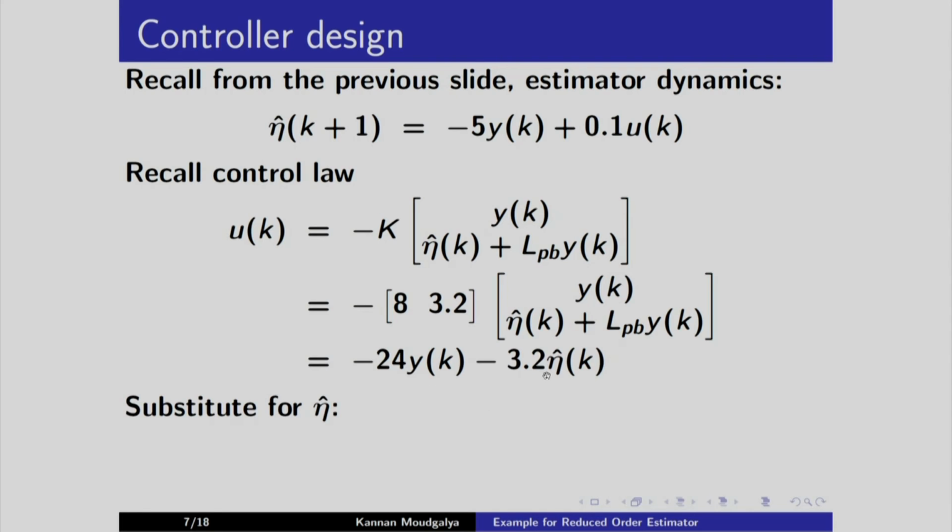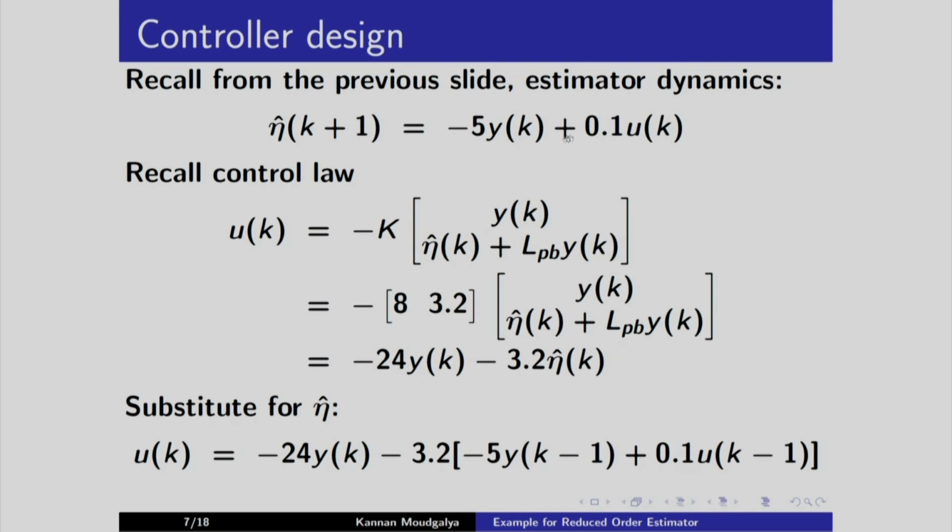Let us substitute for eta hat from here. Now because it is eta hat of k, I have to subtract 1, so I get this expression. When I multiply this out, I get this. So 16 into y of k minus 1 minus 0.32 into u of k minus 1.